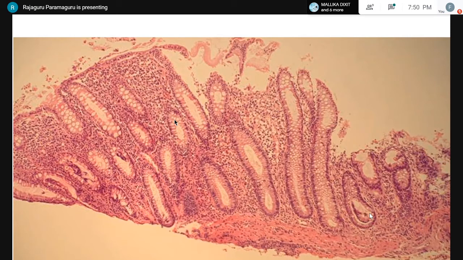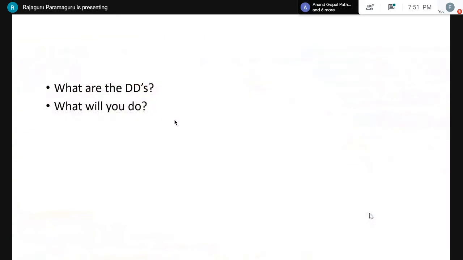So here you do not see a very classical feature of ulcerative colitis, for the fact that the rectum is not involved, the rectum is spared, the sigmoid is showing changes, and it is not diffuse. One fragment is showing changes looking like a chronic active colitis, whereas the other fragment looks more or less okay. So now what are the DDs and what would you like to do?